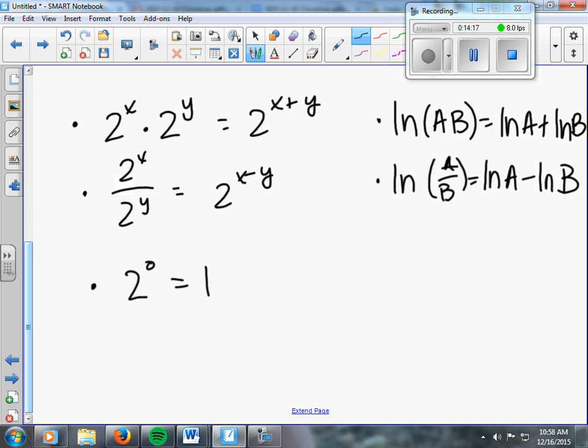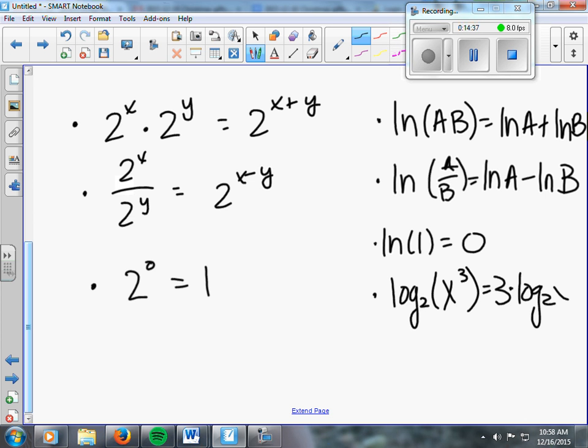I just happen to be throwing up log base e. Also, the natural log of 1 is always 0. Oh, there's another property here that the log base, anything, of, say, x cubed, the 3 will go into the front. So this is an example. And there might be more properties.